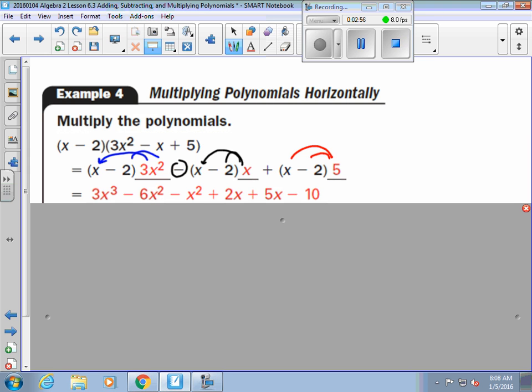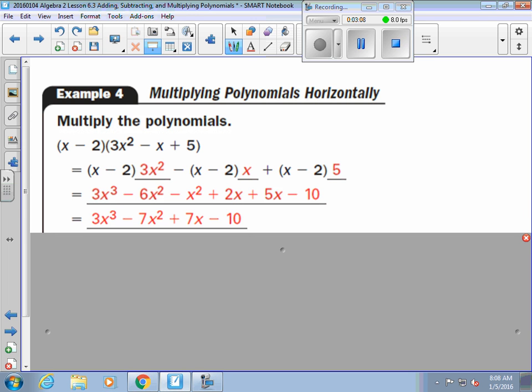You see how x to the second power is here, second power is here, and then x to the first power is here and here. It makes it a little bit easier to combine those. But when we do combine those, -6 and -1 gives you -7x squared, and 2x and 5x gives you positive 7x. The rest of them, 3x cubed and -10, stay the same.